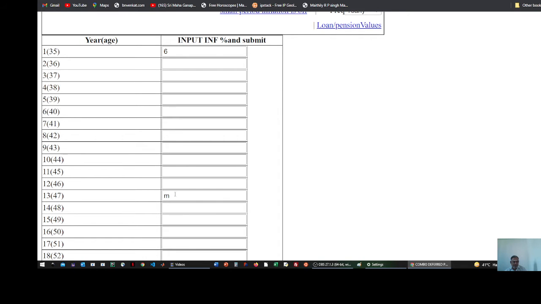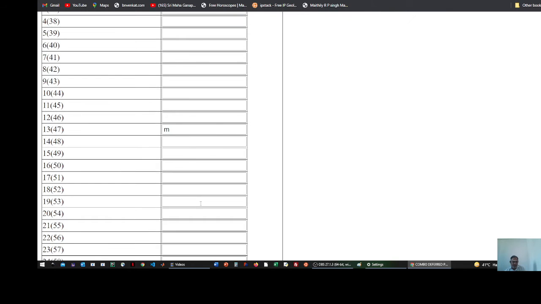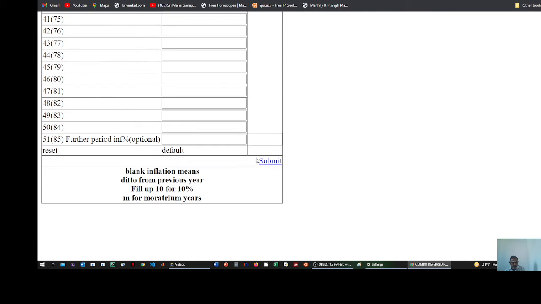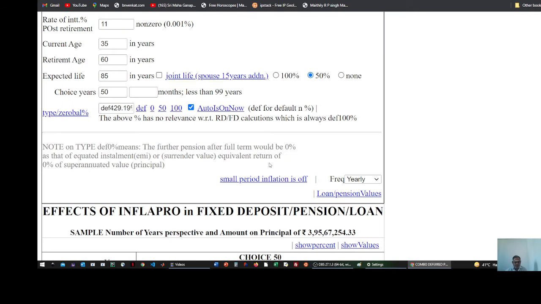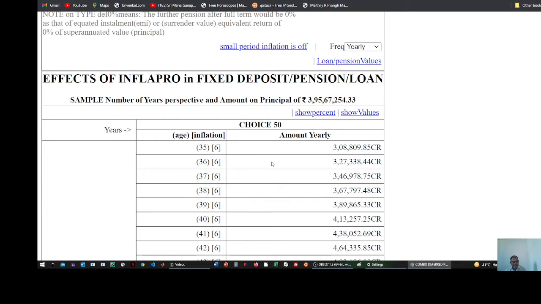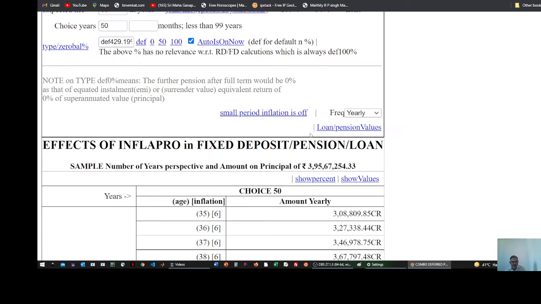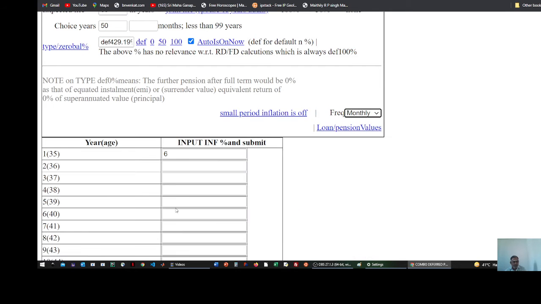Let the inflation protection be 6% throughout, and moratorium year starts with the 13th year and continues. Let us submit. Annual is done. Let us take the monthly figure and resubmit.